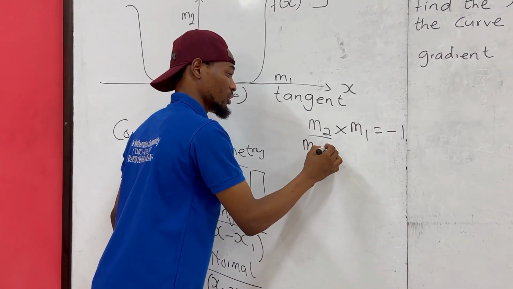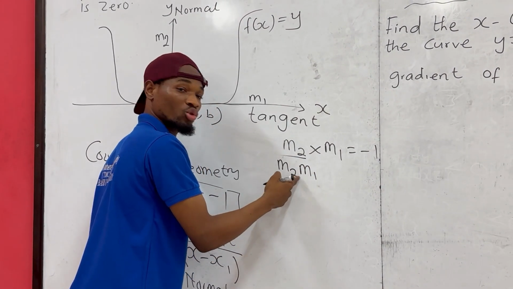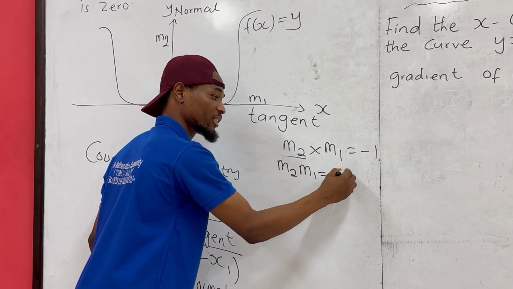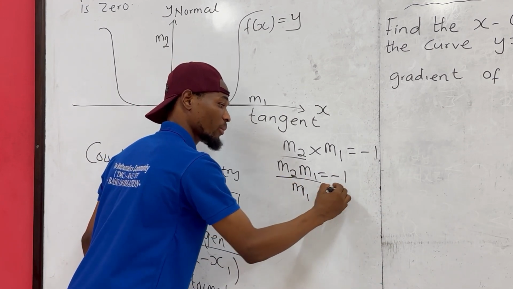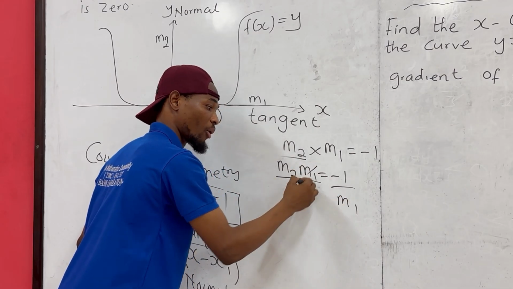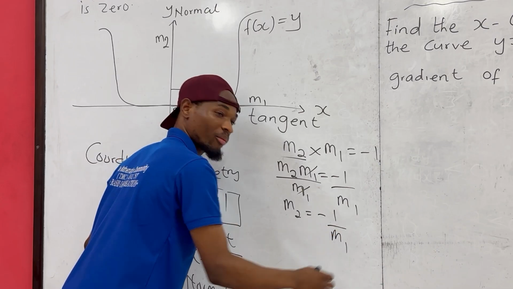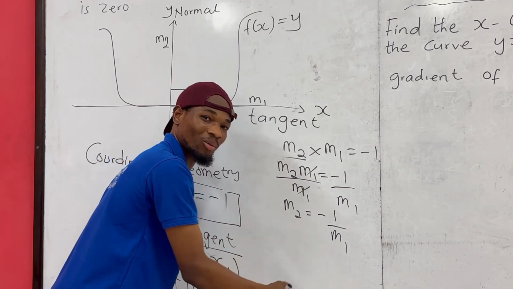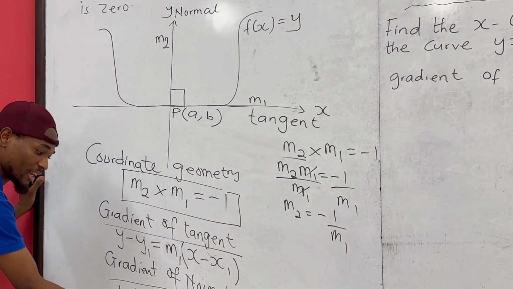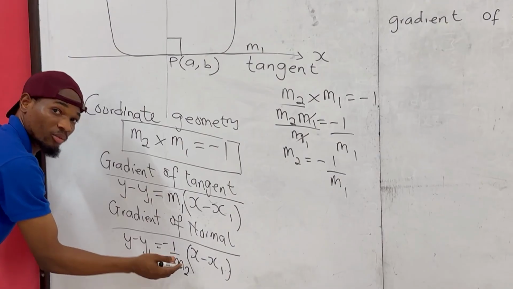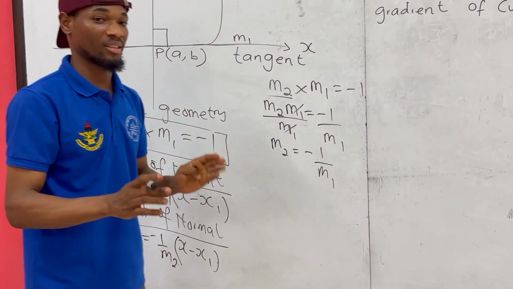If I divide both sides by m1, I will have m2 equal to -1 over m1. Viewers, this is the reason why we said one is the negative reciprocal of the other. So this one is -1 over m2. As simple as that.